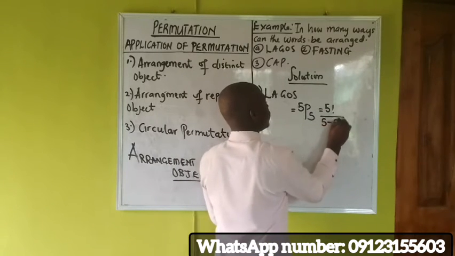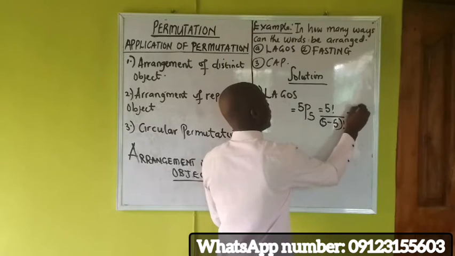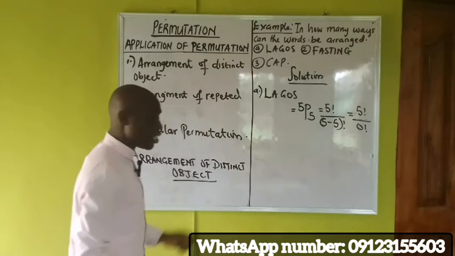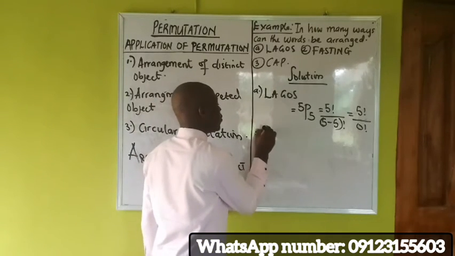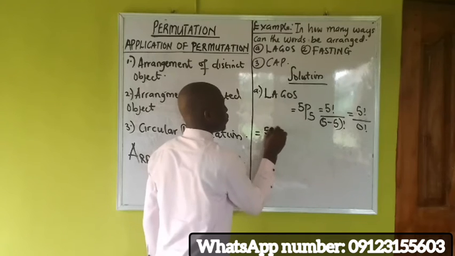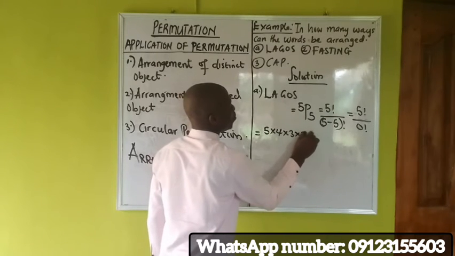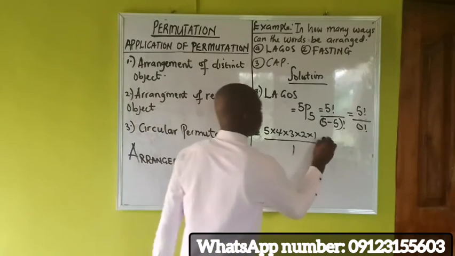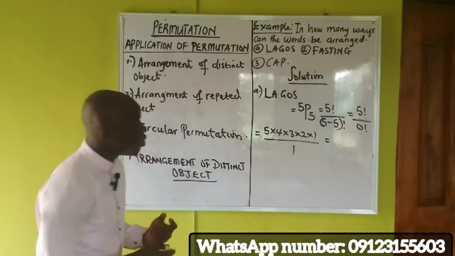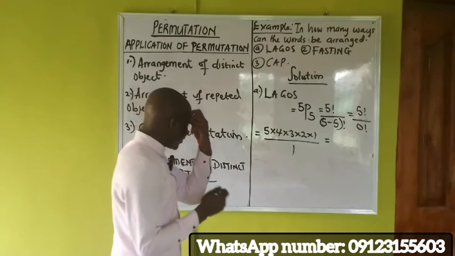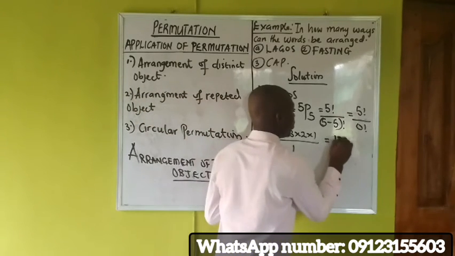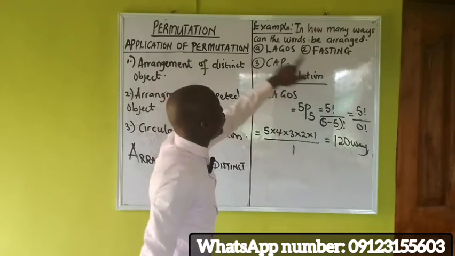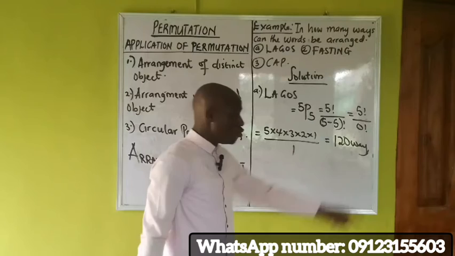Hence, I have 5 factorial over 0 factorial. But we said 0 factorial is 1. Hence, 5 factorial is 5 times 4 times 3 times 2 times 1 over 1. 5 times 4, 20. 20 times 3, 60. 60 times 2, 120 ways. So, in how many ways can the word be arranged? 120 ways.